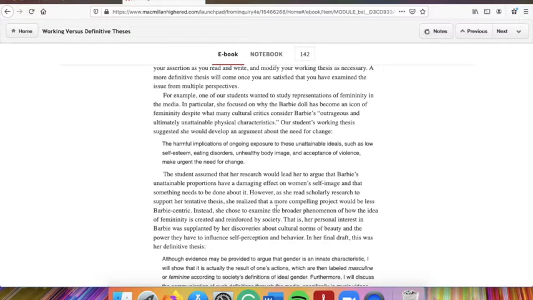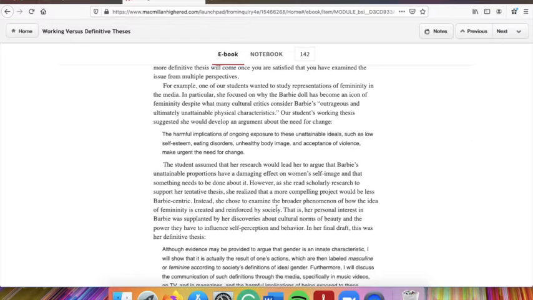That's what she originally thought she was going to write, and you can see that by this quote here: the harmful implications of ongoing exposure to these unattainable ideals, such as low self-esteem, eating disorders, unhealthy body image, and acceptance of violence, make urgent the need for change. So she wants to talk about changing the ideas around unattainable body image.